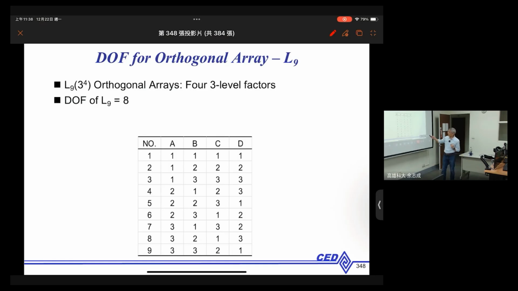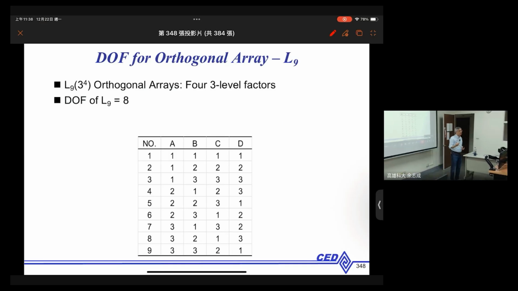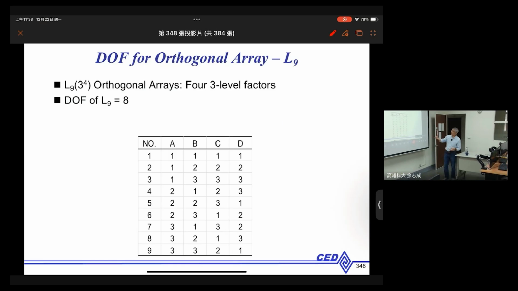If you put a 3-level factor here, this will need 2 degrees of freedom. And you have 4 columns, 2, 2, 2, 2, 8 degrees of freedom. Because you only have L9, the total degrees of freedom is 8. That is the reason why the L9 orthogonal array only has 4 columns instead of more columns, because it uses all the degrees of freedom already.